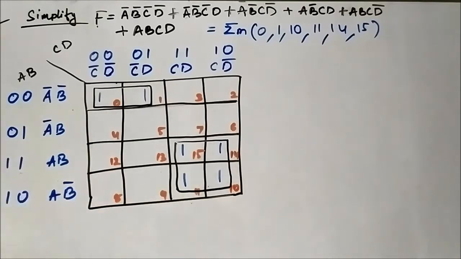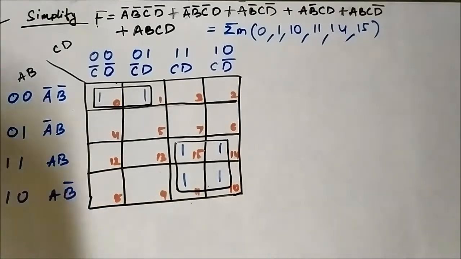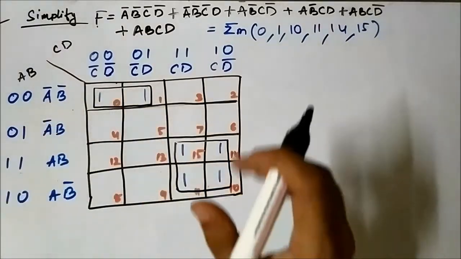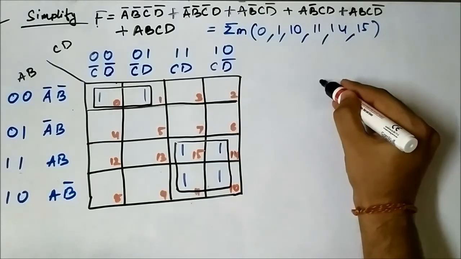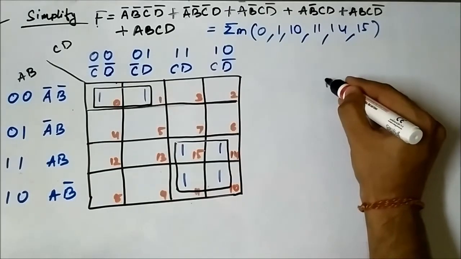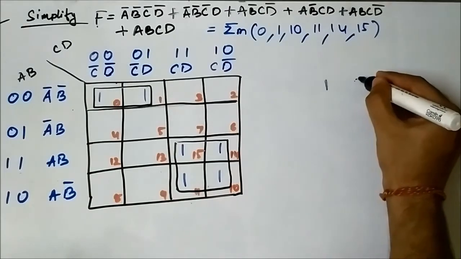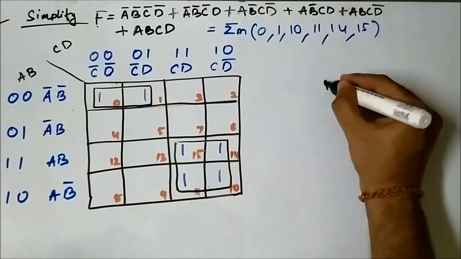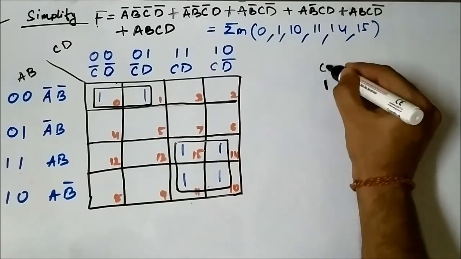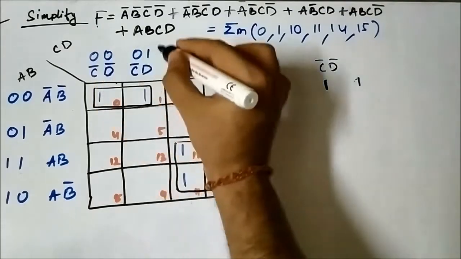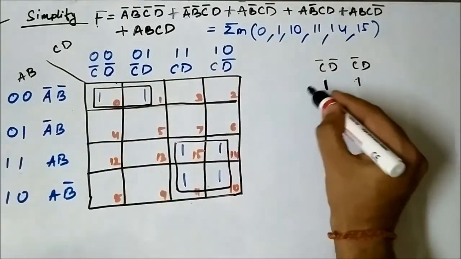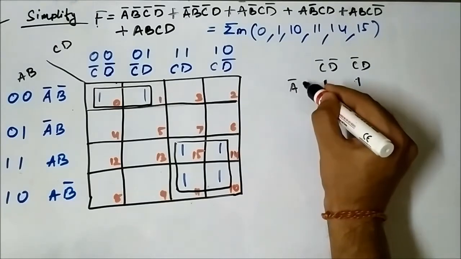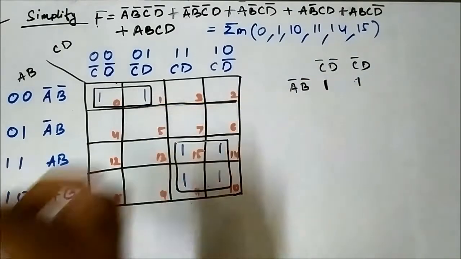For this pair, let me write the variables: c bar d bar and c bar d on the vertical side, and a bar b bar on the horizontal side.